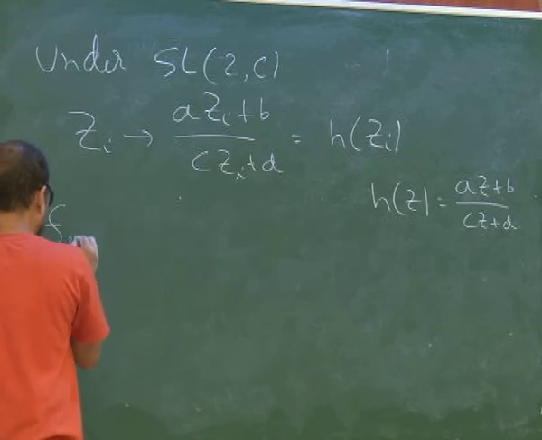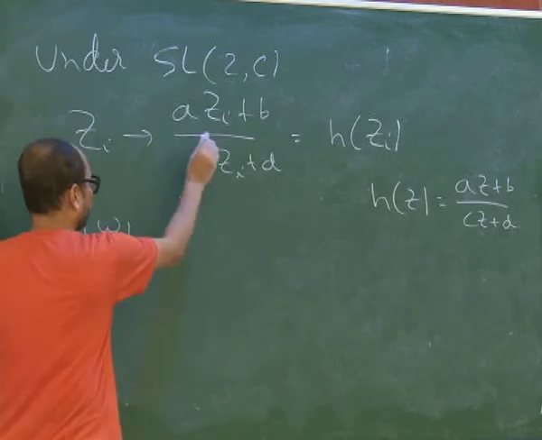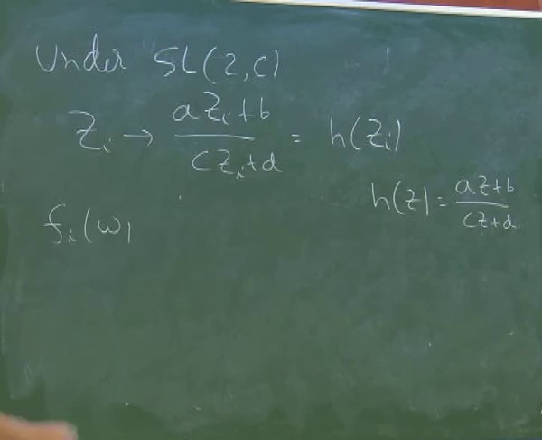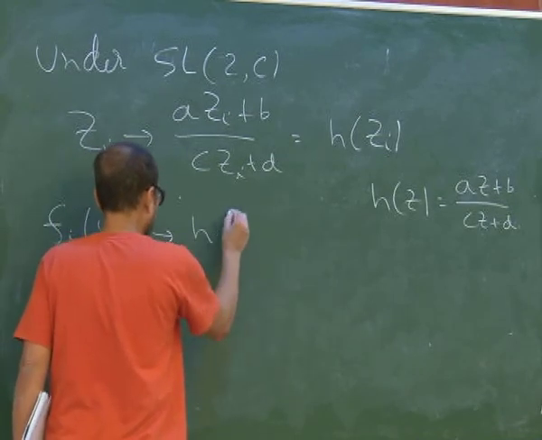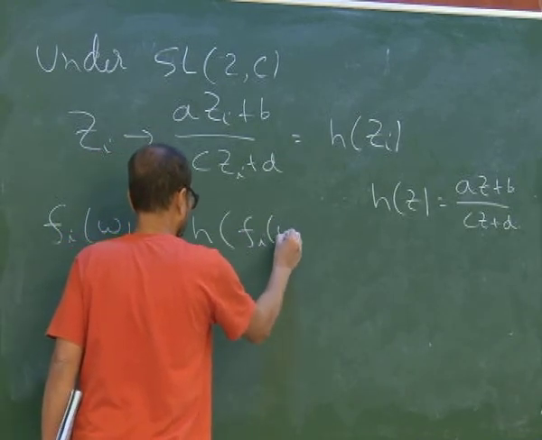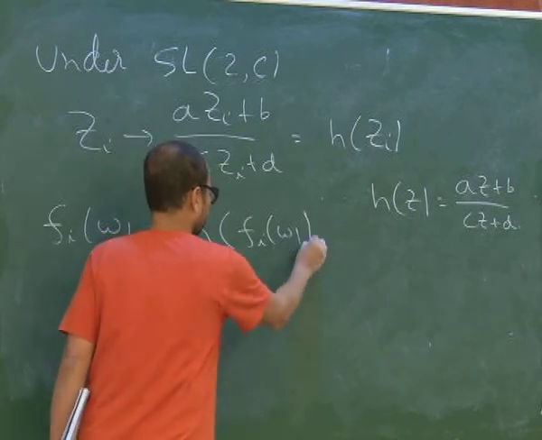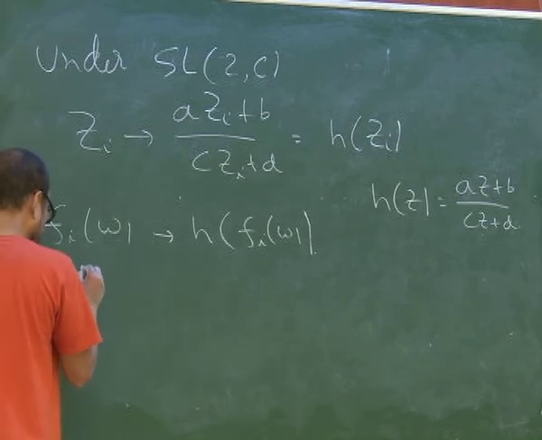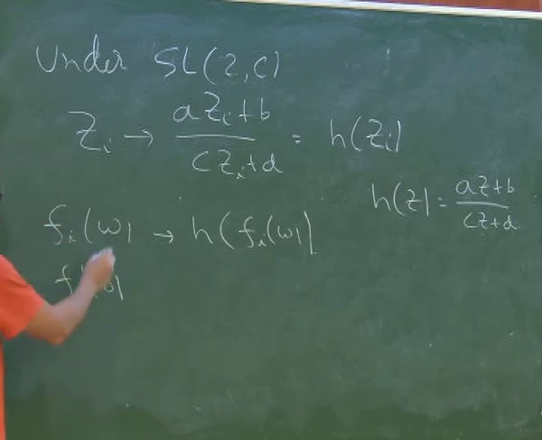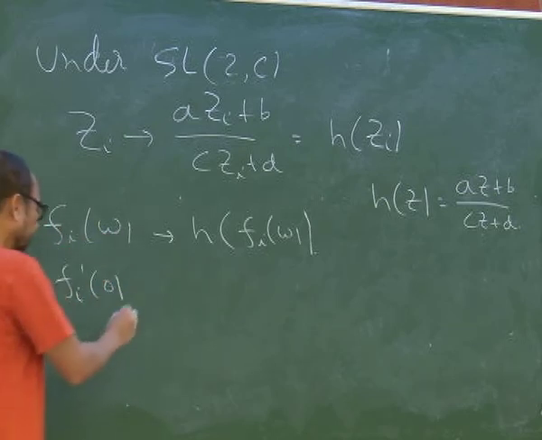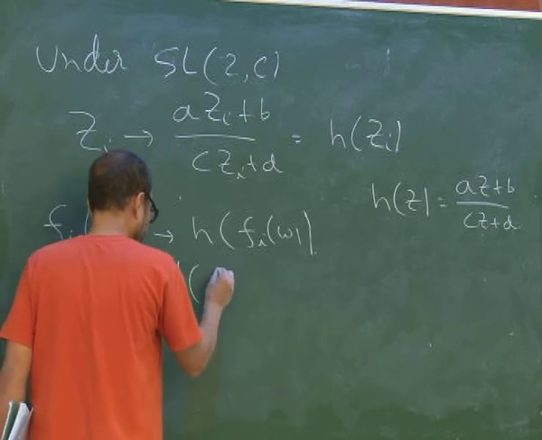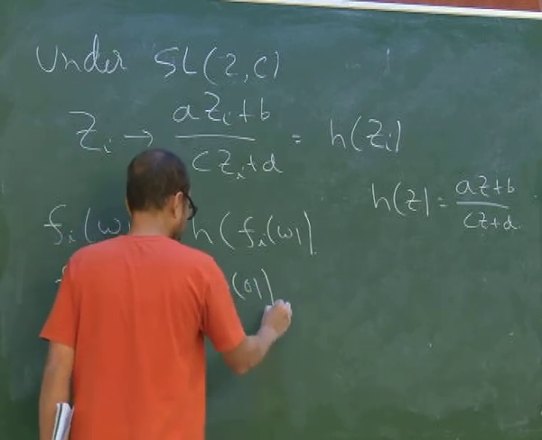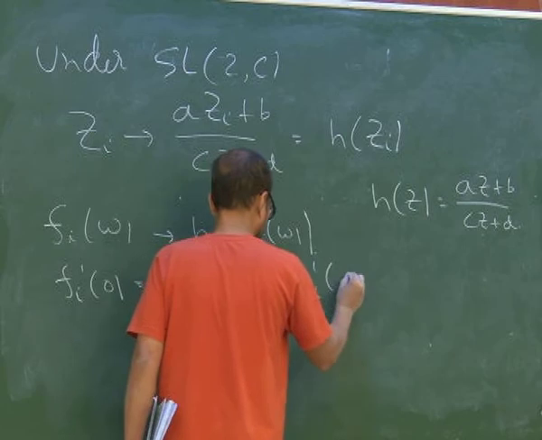So how does Fi change? If you make a transformation like this, Fi of W will go over to H of Fi of W, because you are keeping the W coordinate fixed, you are just changing the Z coordinate. So Fi prime of 0, where prime is the derivative with respect to the argument, will go to H prime of Fi of 0 times Fi prime of 0.